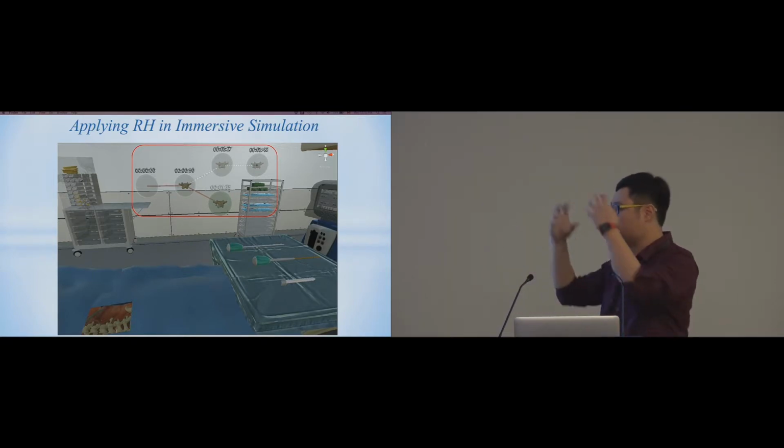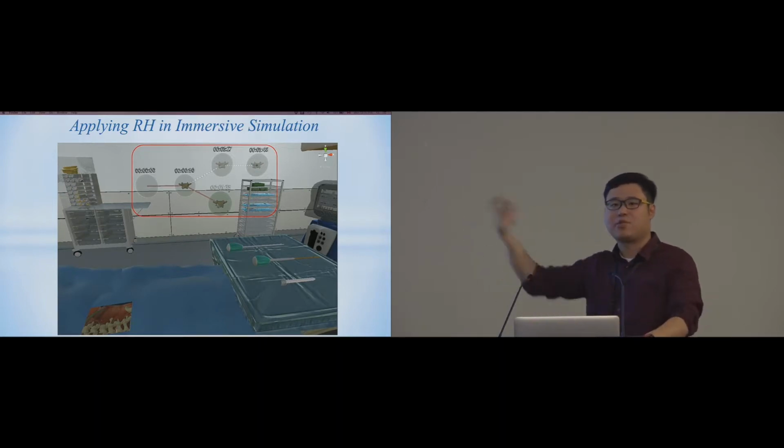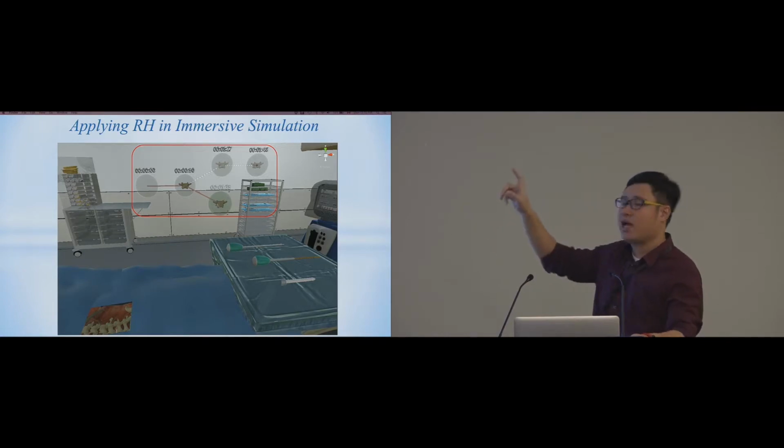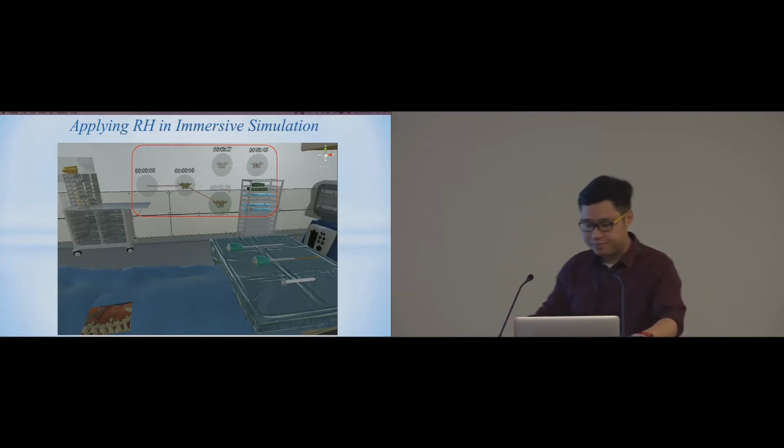Even though it's a 3D structure, we don't want them to deal with depth perception, so they can treat the head-up display as a 2D structure and simply select the nodes using gestures.